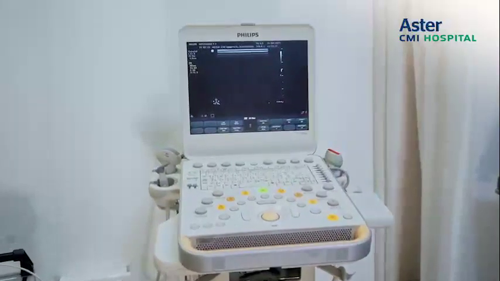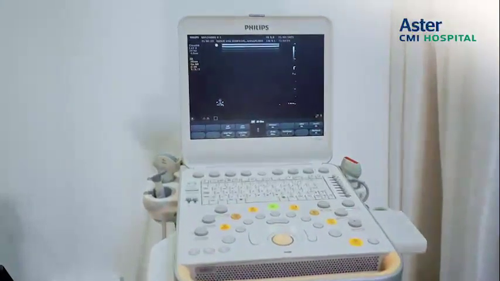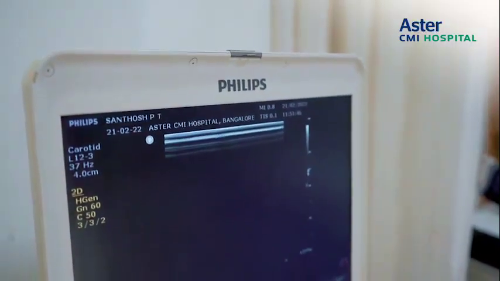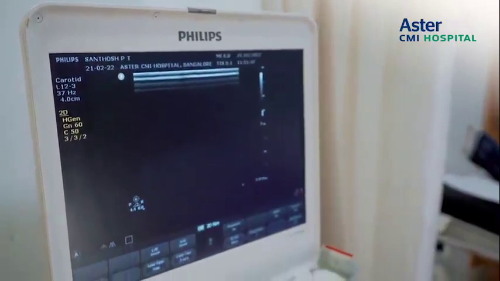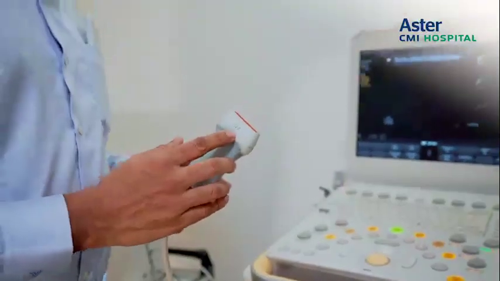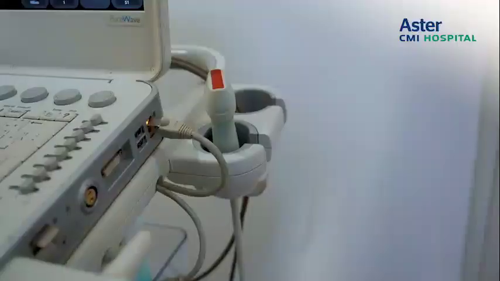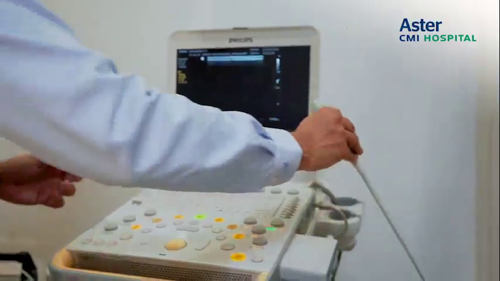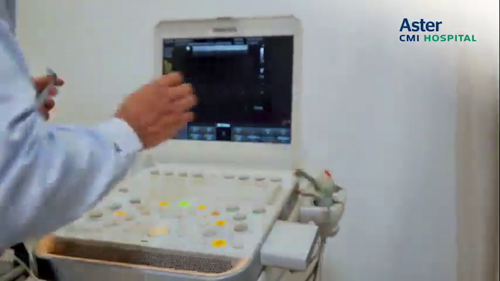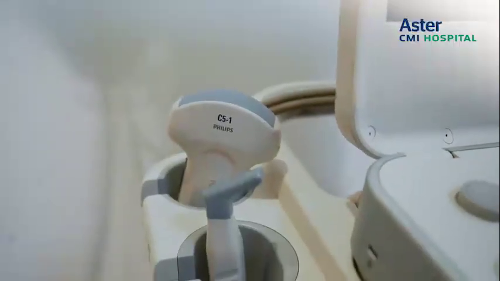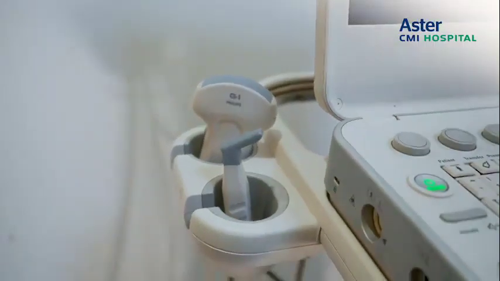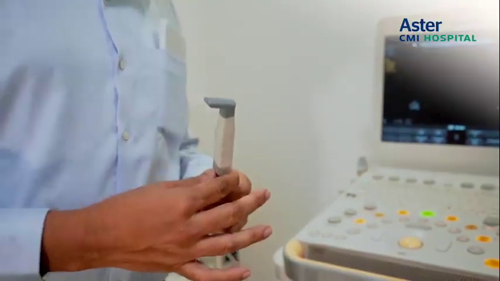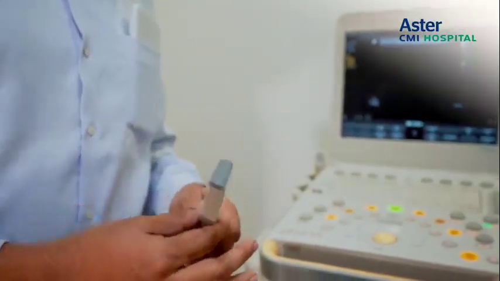The second machine that we will be using is a regular ultrasound machine. Here we have two probes. One is a linear probe, 12 to 3 megahertz, where we do the carotid duplex, and it is also used for muscle and nerve ultrasound. And we have a specialized probe called a hockey stick probe, which is a high frequency probe with very good resolution for peripheral nerves.